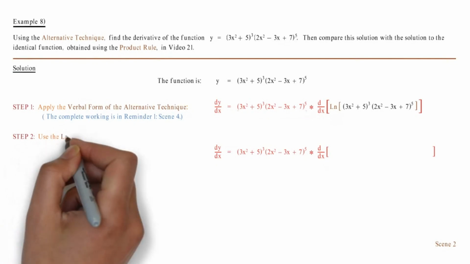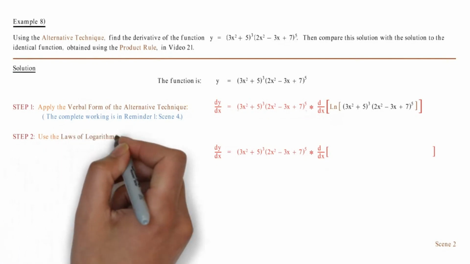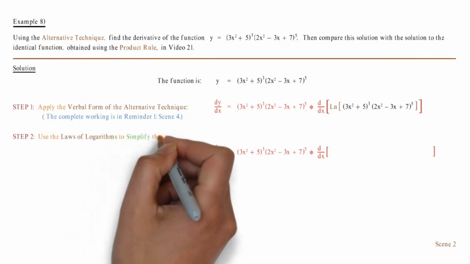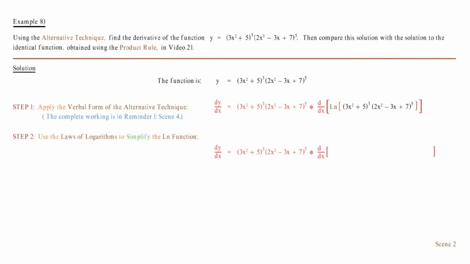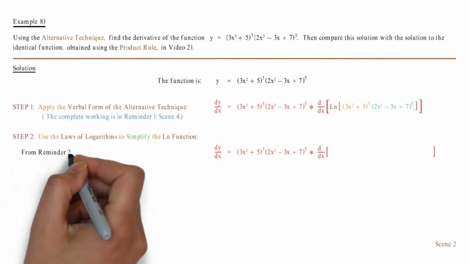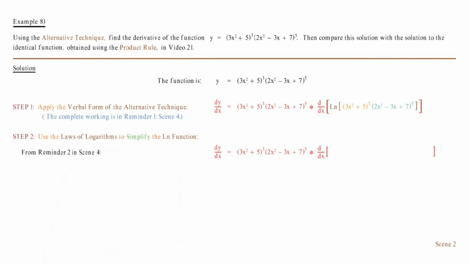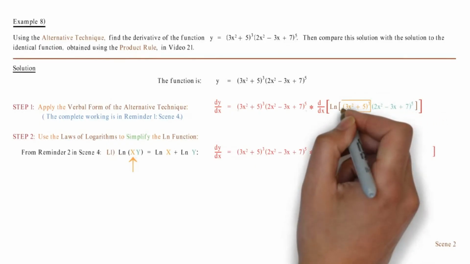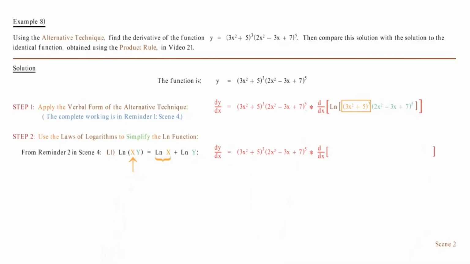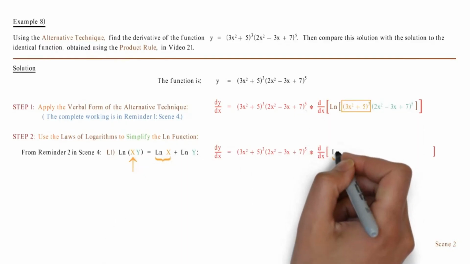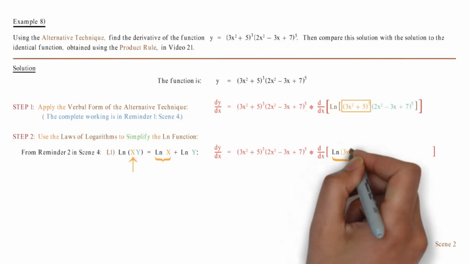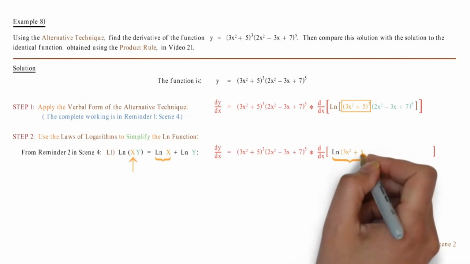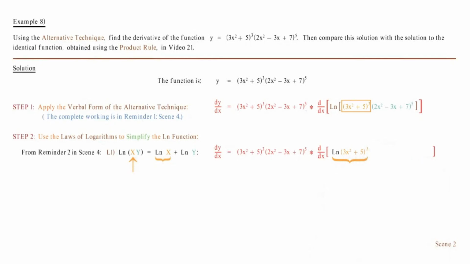Step 2. Bring down. Use the laws of logarithms to simplify the ln function, from Reminder 2 in Scene 4. Since x is (3x squared plus 5) all cubed, ln of x is ln of (3x squared plus 5) all cubed.